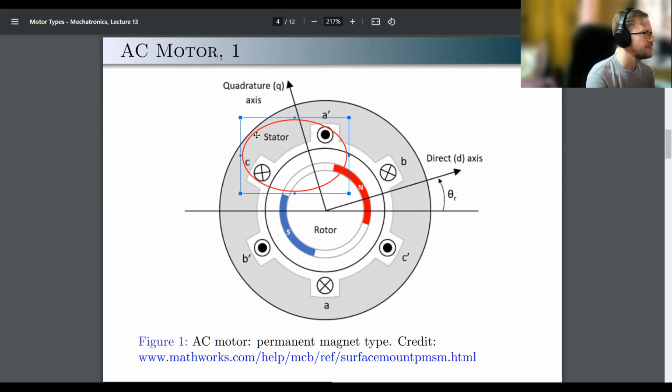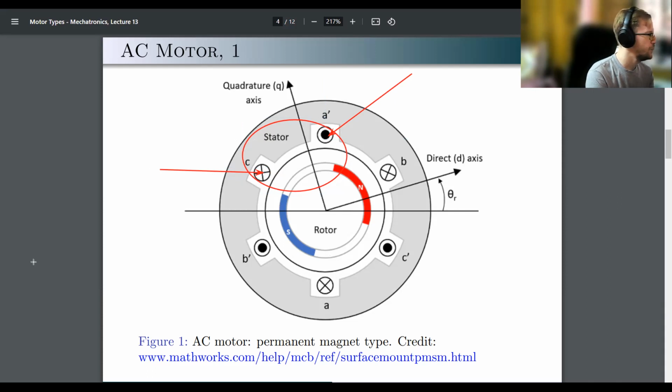This wire has current coming at us, and this wire has current going away from us, but in actual reality it is like a coil through which the current flows. And so are the other pairs of coils.